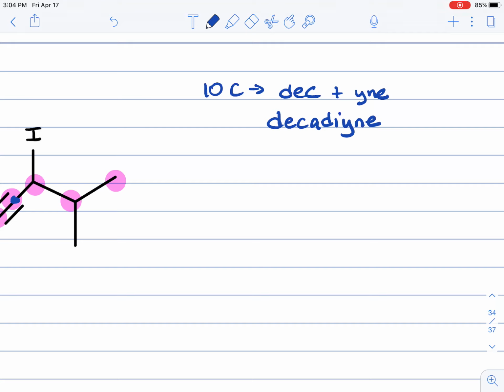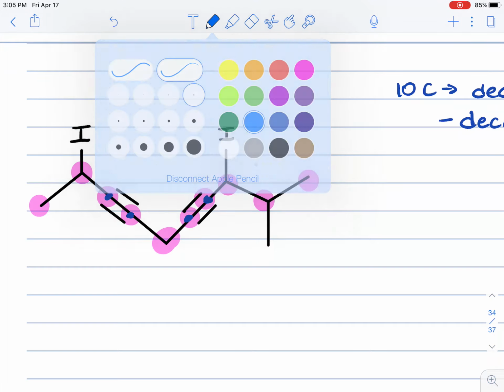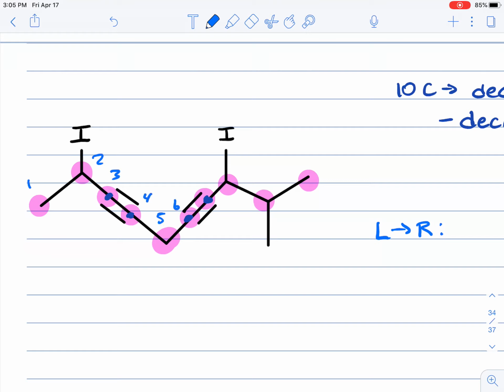All right, so we need to describe where those triple bonds are located on the parent chain, so we need to figure out the numbering system. It looks like my triple bonds are right in the middle, so I want to make sure I'm numbering correctly. I'm going to use light blue to go from left to right: 1, 2, 3, 4, 5, 6, 7, 8, 9, and 10.